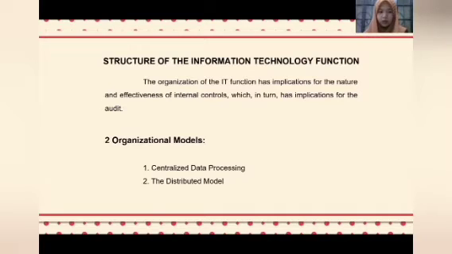These are illustrated through two organizational models. First, the centralized approach or centralized data processing, and the distributed approach or the distributed model. However, we must take note that most organizational structures embody elements of both models.